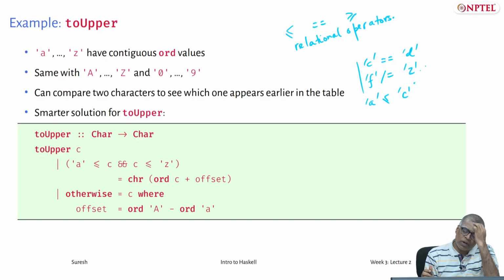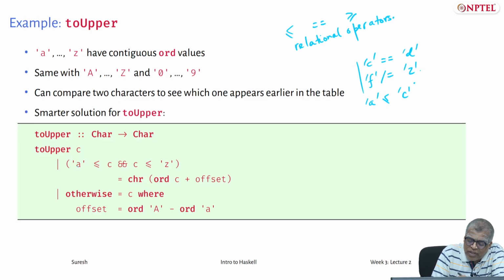Okay, so now since we know that a to z are stored in contiguous locations, which means that between the letter small a and the letter small z, nothing else appears, only characters appear. So here is an implementation of 2 upper.